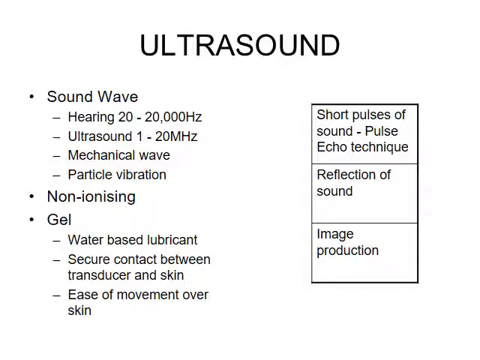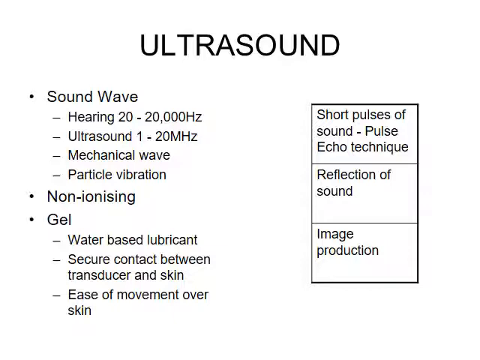So ultrasound, because it uses sound, is termed non-ionizing. So unlike an X-ray, it doesn't have the ability to knock the orbiting electrons out of their orbit. So it's a non-ionizing form of imaging.